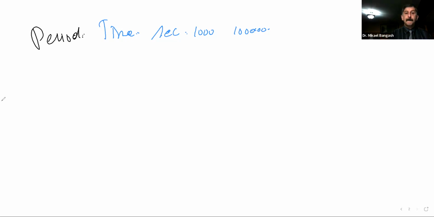So that's why it can be milliseconds or microseconds. Did you guys get that? But still, generally, as long as it is represented by a unit of time, it should be good.